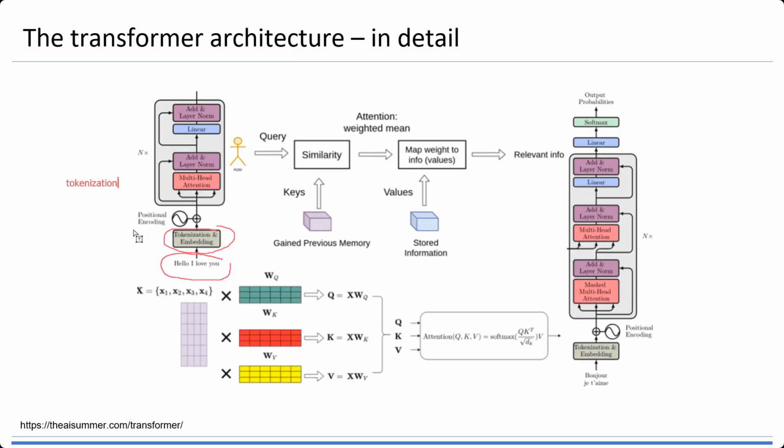In the tokenization, we split the sentence into one word, and one word, and one word. So we can get the tokens. In this case, we get 4 tokens. After that, we will do the embedding. So the embedding means you can transform the text into a value, maybe using TF-IDF or bag of words. And then we will do the positional embedding.